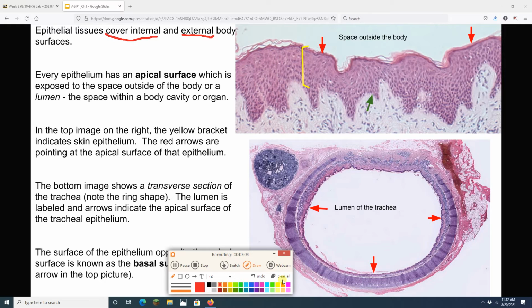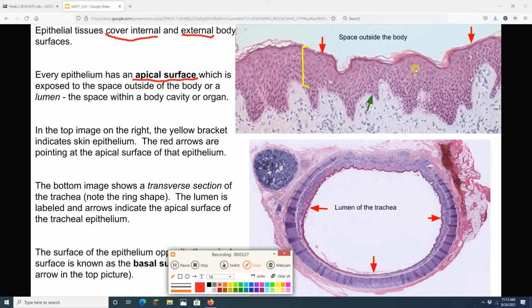Now, the part of the epithelium that is adjacent to that space, is exposed to that space, is called the apical surface. So my red arrows here, my red arrows down here as well, are pointing at the apical surface of an epithelium.